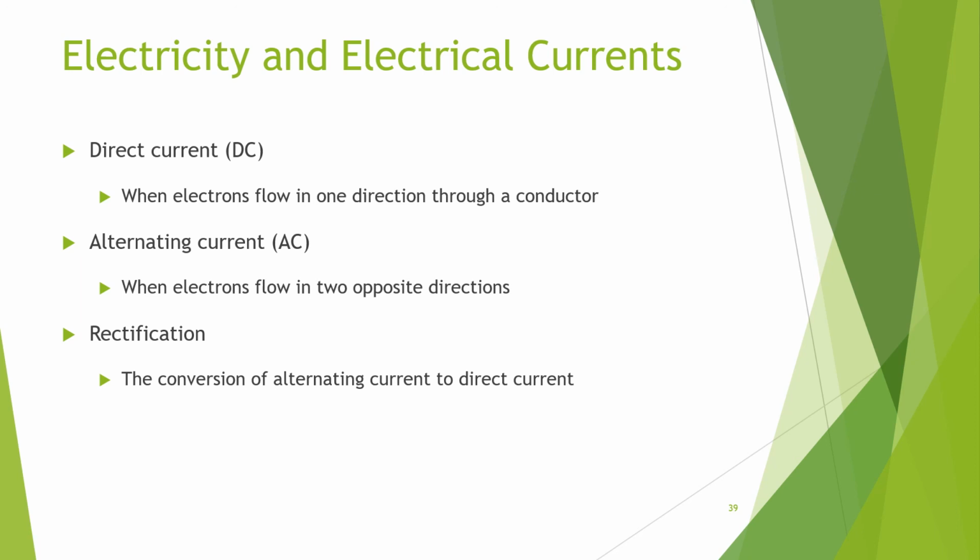Rectification is when we convert that alternating current to direct current. The dental X-ray tube itself acts as a self-rectifier in that it changes the AC to the DC when it's going to produce an X-ray. This ensures that the current is always flowing in the same direction, or more specifically, from the cathode to the anode.